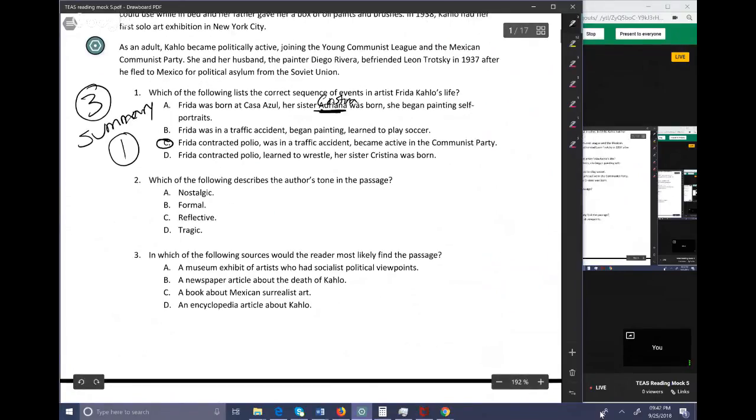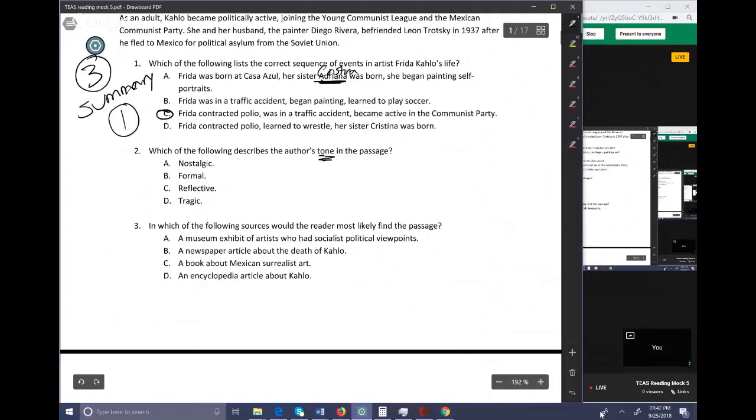Which of the following describes the author's tone in the passage? Tone is from reading 1. We do talk about tone. It's how the author kind of speaks about or feels about something. Most people on this one, and you could have done it differently than this, most people kind of get rid of tragic because it's not talked about like it's tragic.